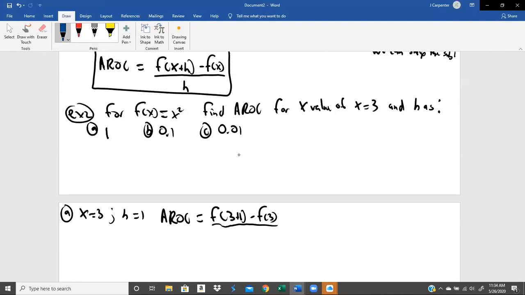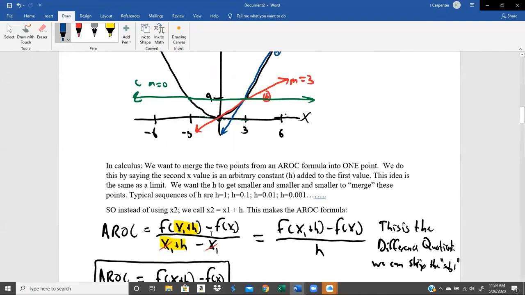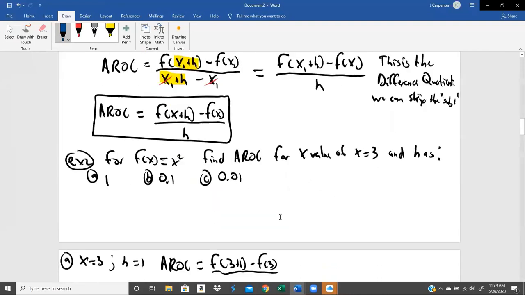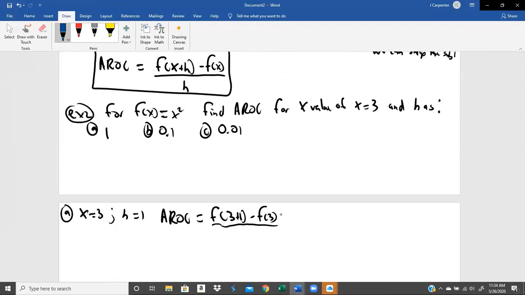Remember, the bottom is not x2 minus x1 because we did that little quick substitution and it changed the bottom's format. And this is really, really popular. You're going to see this. You need to memorize this now and for the rest of the semester because it's going to be a common theme in chapter 2. So the bottom is just the h, which we said is 1.